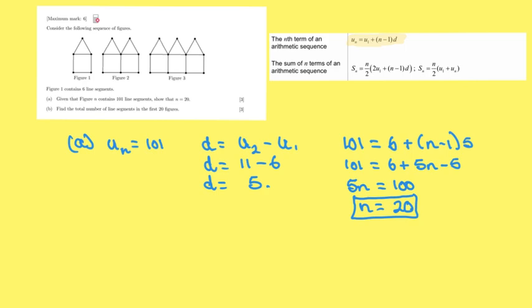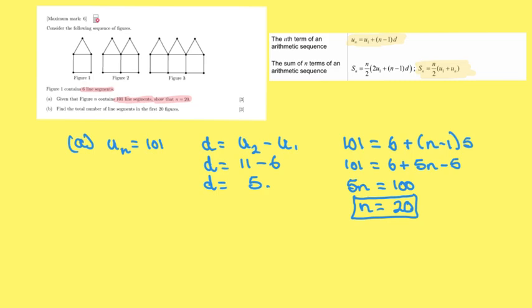Part B. Find the total of the line segments in the first 20 figures. We are told that there are 101 line segments in the 20th figure. We are also told that there are 6 line segments in the first term. So we can use this formula to find the total number in the first 20 terms.